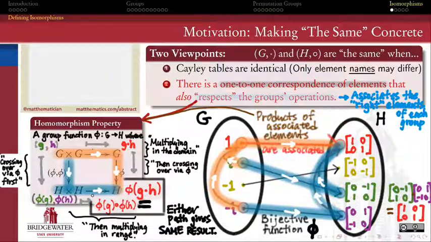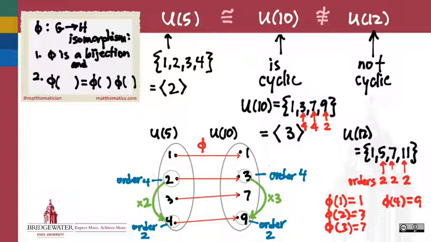So let me get that back into this diagram. So phi of g times h, where that times is the operation in G, is phi of g times phi of h, where that operation times is the operation of H. So I suppose I should have decorated this here: G with the operation dot, and H with the operation circle.